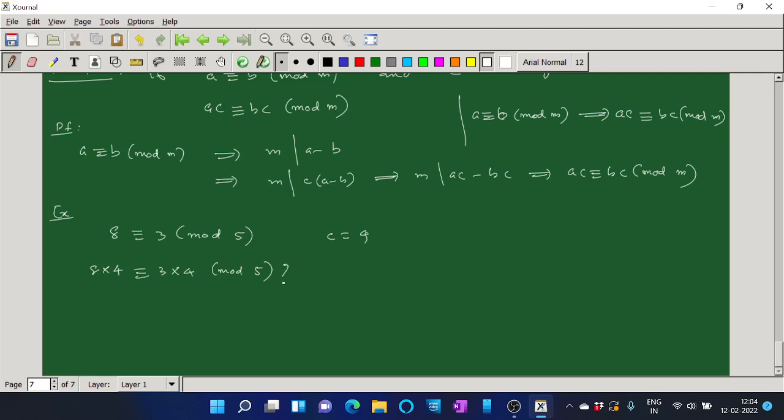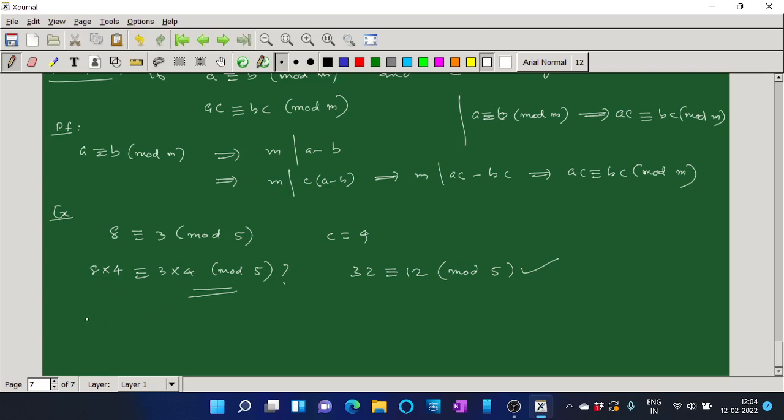We can check whether it is right or not. Clearly 8 into 4 is 32. 3 into 4 is 12. Clearly 32 is congruent to 12 mod 5. 32 minus 12 is 20, which is divisible by 5. So this is right, and therefore this is verified. 8 into 4 is congruent to 3 into 4 mod 5.